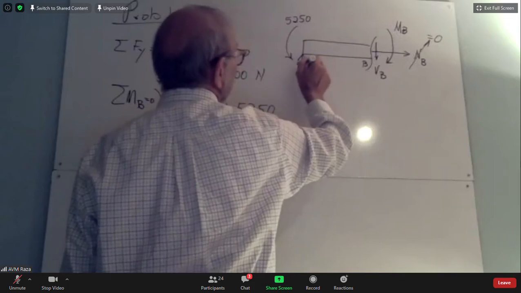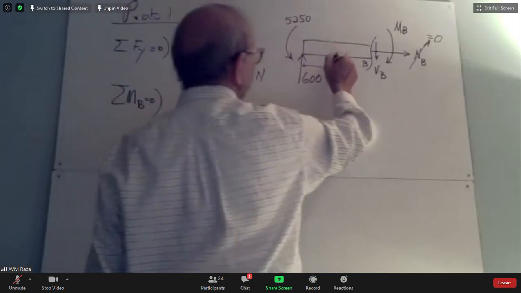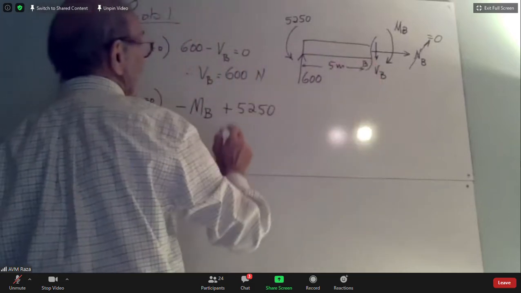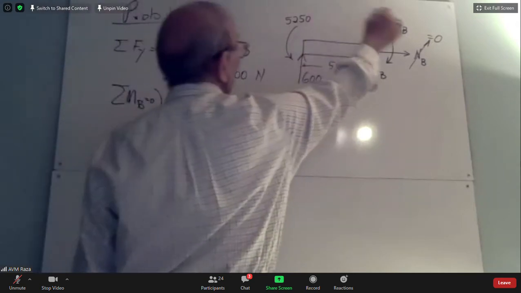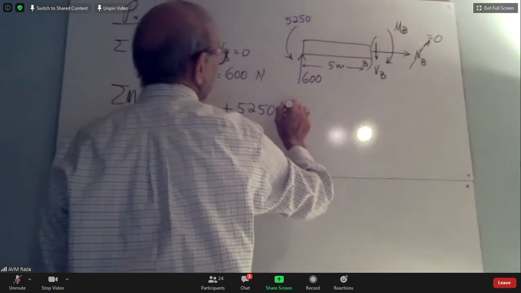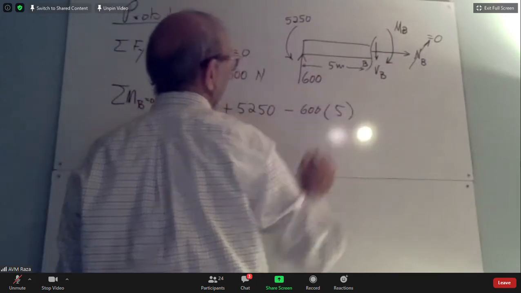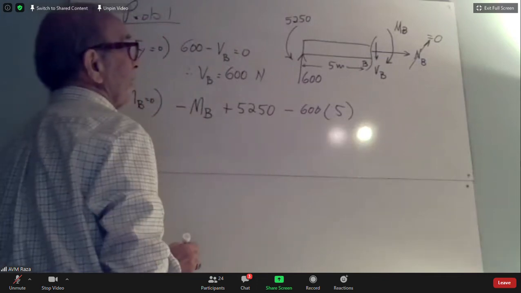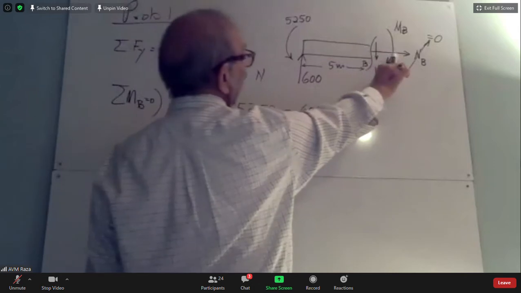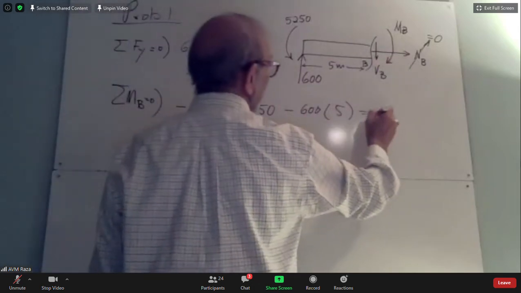How much is this distance? 5 meters. And this will also be a clockwise moment, so it will be negative. I would say minus 600 times 5. We took care of that, we took care of this, we took care of that, and nothing else will count. So this is all we have. This is equal to 0.